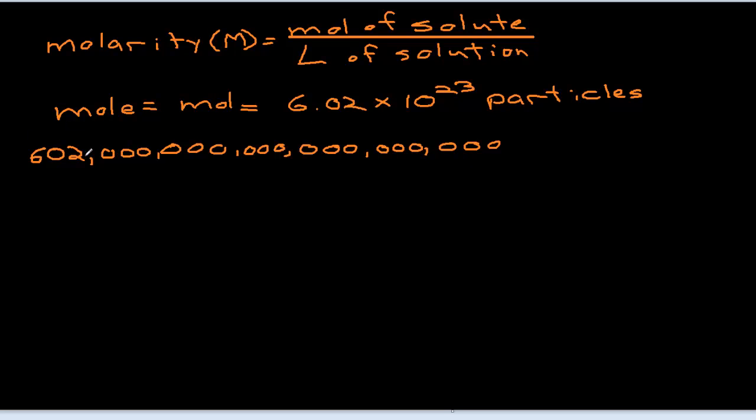So I've moved 1, 2, 3, 4, 5, 8, 11, 14, 17, 20 times. 3 more times. So there is 6.02 times 10 to the 23rd without its scientific notation. It's a huge number, and it's very hard to conceptualize.